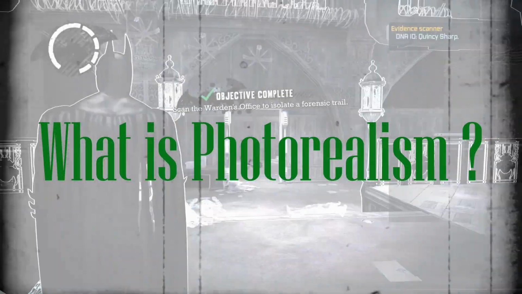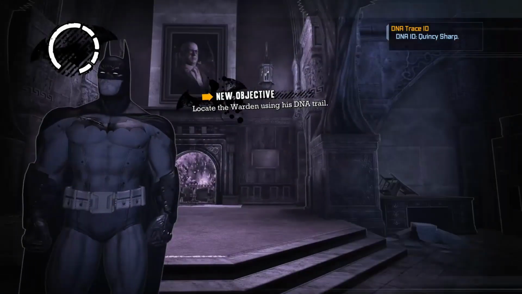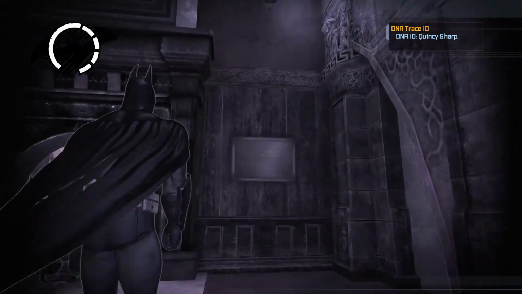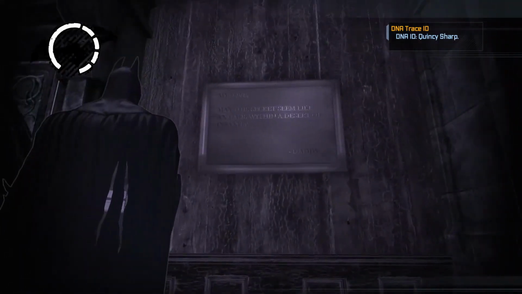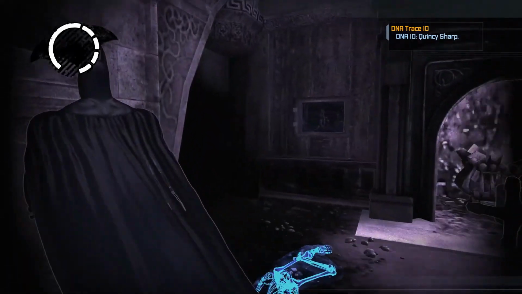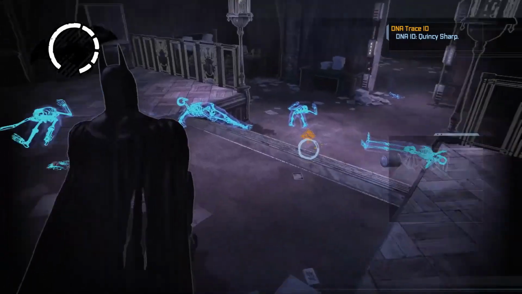Definition and technical aspects. Photorealism in gaming refers to the technique and art of creating games that visually mimic the real world. This style uses high-fidelity graphics, including detailed textures, complex shading, and realistic lighting effects to create lifelike scenes.